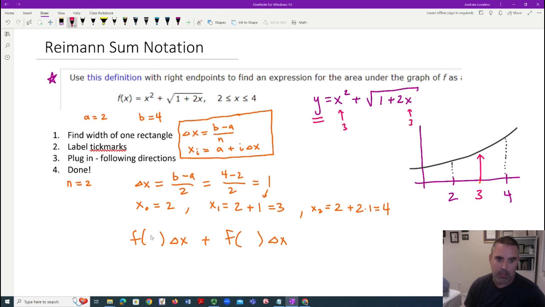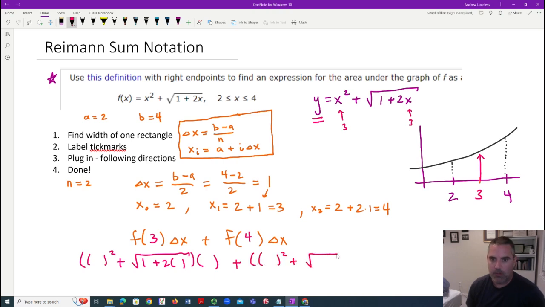So what would this look like? You'd plug in a 3, and then you'd plug in a 4. Let's lay it out. I'm going to write the function here. Try to stick with me if you're having trouble with this. This is just a little bit of the theory. We just don't want to be completely scared of this notation.